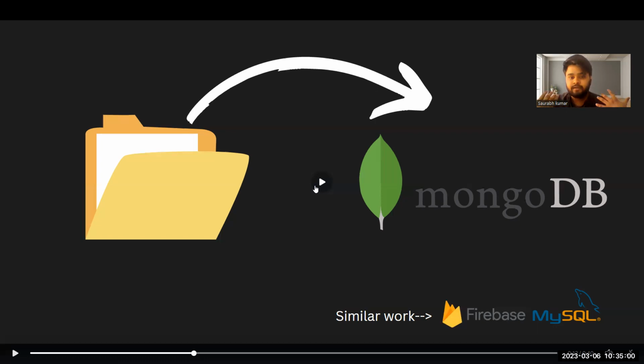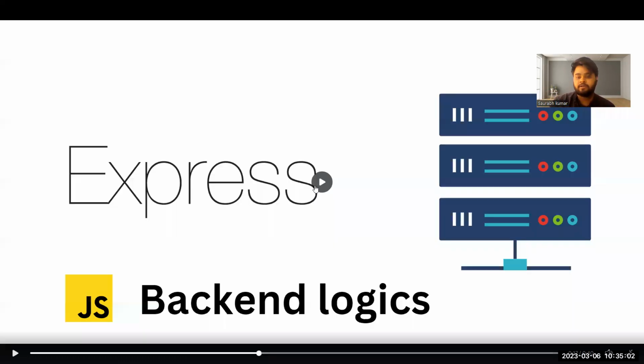Now, what is Express? Previously I talked about MongoDB, now ME stands for Express. Express is a server scripting framework. Sorry, I said language. It's a library which helps to write your server.